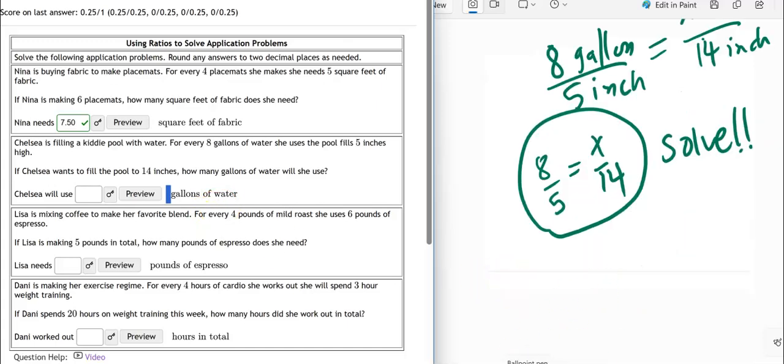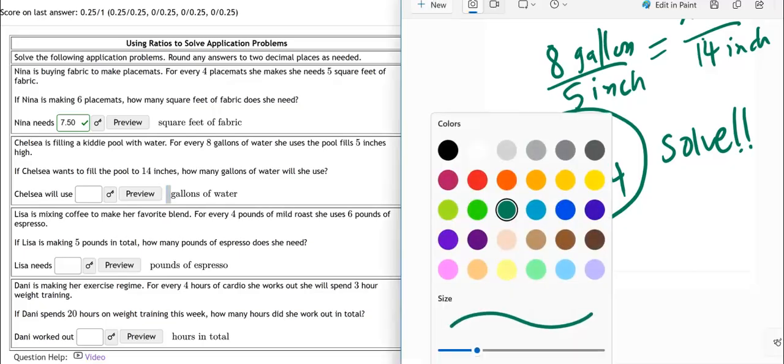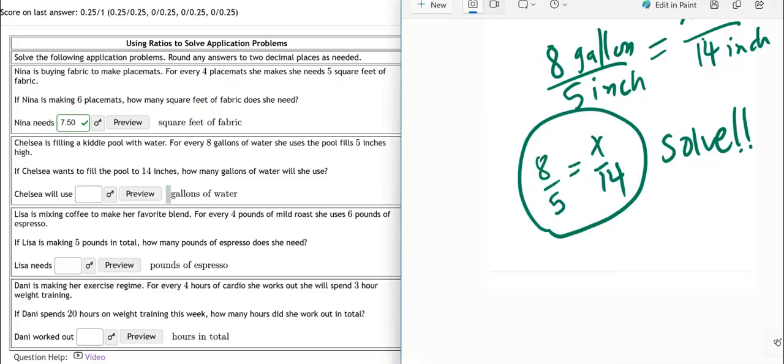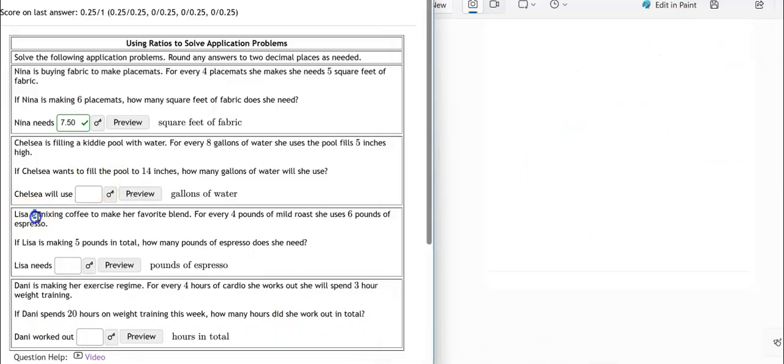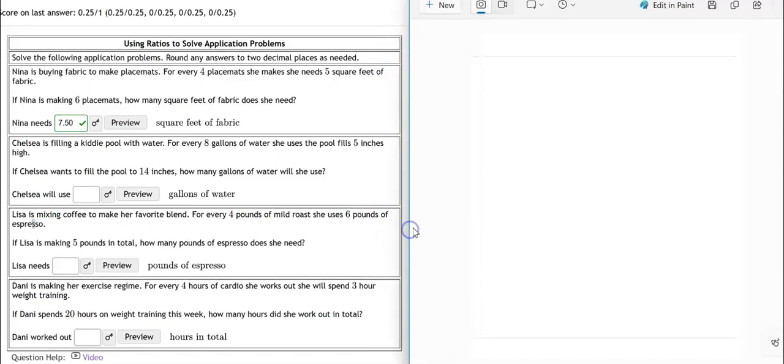The next question is slightly different. Let me go back to the next question. I click the ink here and erase everything. Lisa is mixing coffee to make her favorite blend. For every 4 pounds of roast, she mixes 6 pounds of espresso.